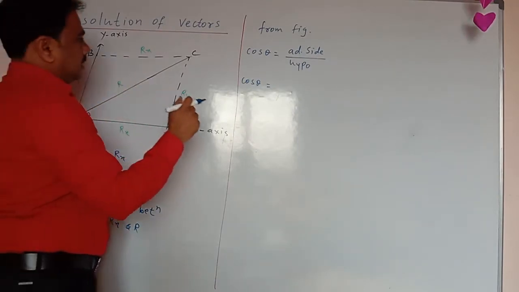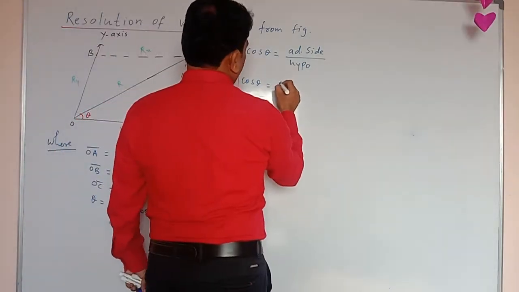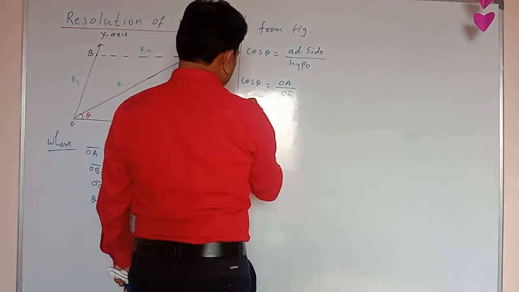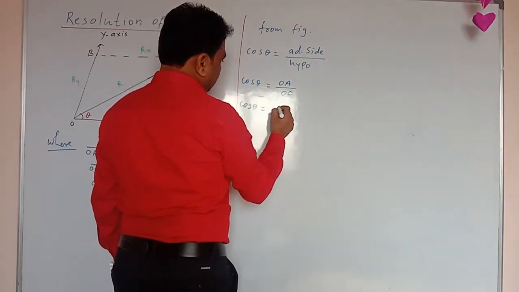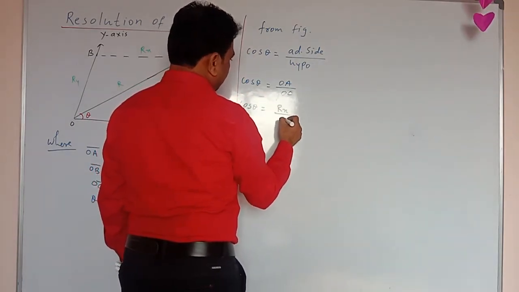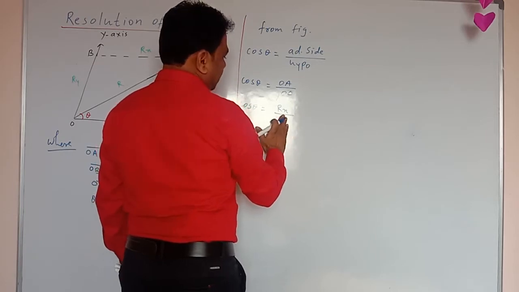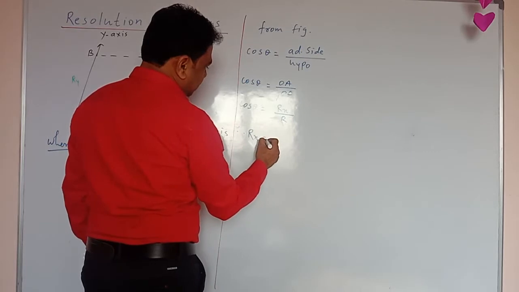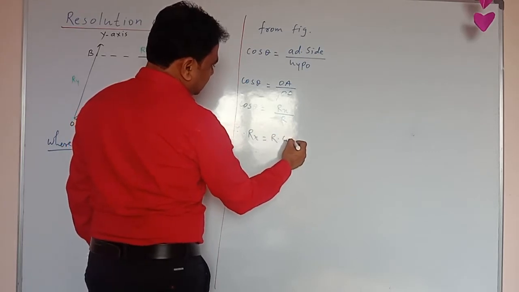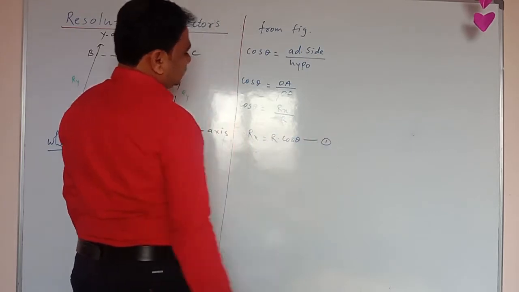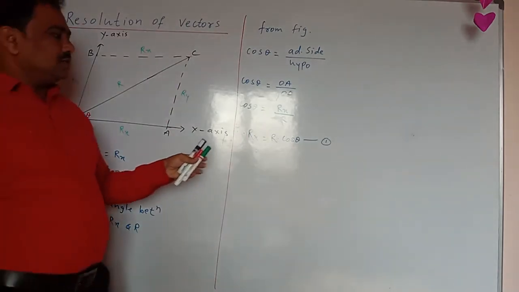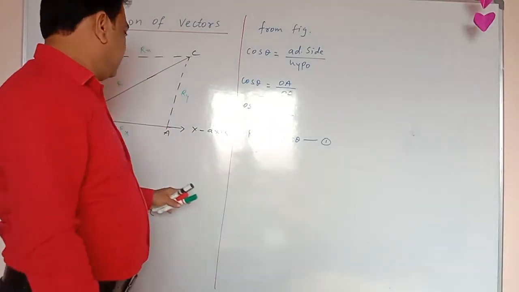OC, that is R. That is OA upon OC. It is represented by cos theta is equal to Rx upon R. So therefore the value of Rx is equal to R into cos theta, equation number 1. So this is the equation, that is Rx is equal to R cos theta. So this is value for Rx.